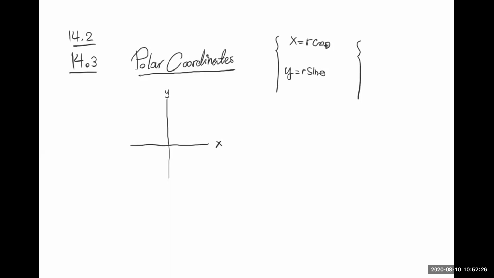And r squared is equal to x squared plus y squared, and tangent of theta is equal to y over x. These are the ways to go from polar coordinates to rectangular coordinates, or vice versa, to go from rectangular coordinates to polar coordinates. Okay.